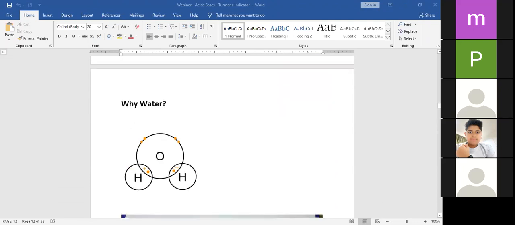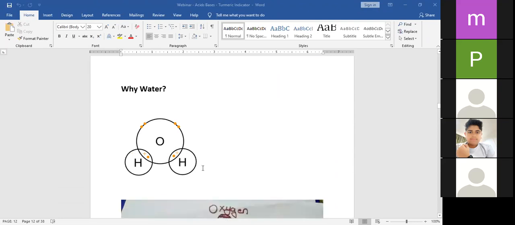Now, if you see this diagram on the screen, this is the structure of water. It has an oxygen atom and 2 hydrogen atoms. And if you see, the dots are the electrons of oxygen that are also being shared by hydrogen. And the plus sign is the electrons of the hydrogen that are also being shared by oxygen. But oxygen is stronger than hydrogen, just like a tug of war.